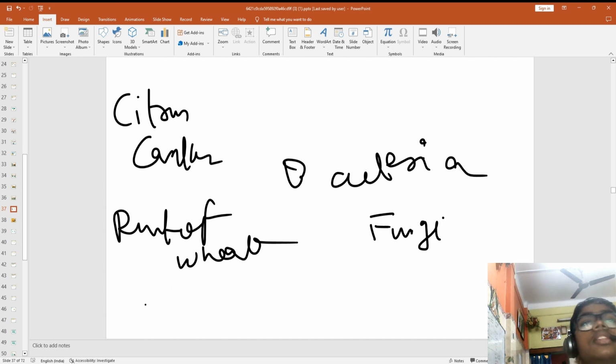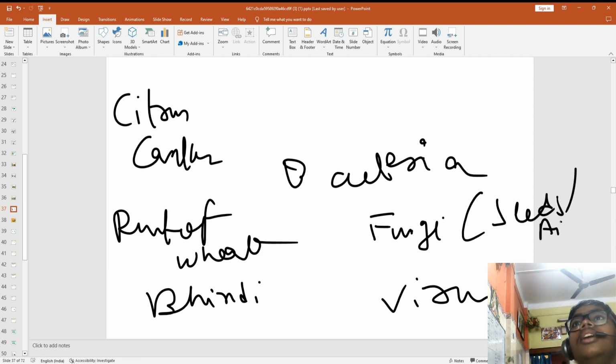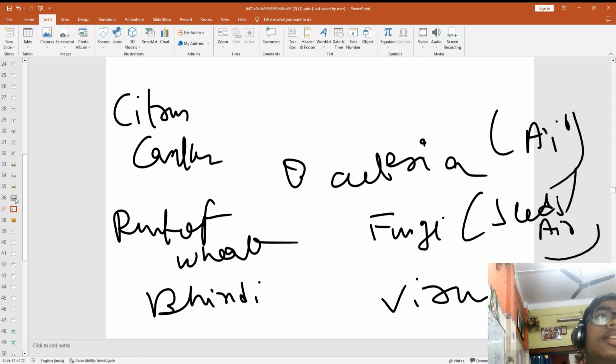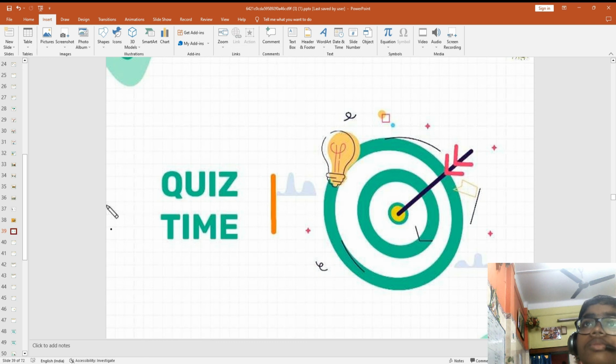And the last one, the bhindi or okra disease, is transferred by a virus. Rust of wheat spreads through seeds or air, and the third one, the bhindi disease, spreads through insects, which means some vector transfers it. Understood?